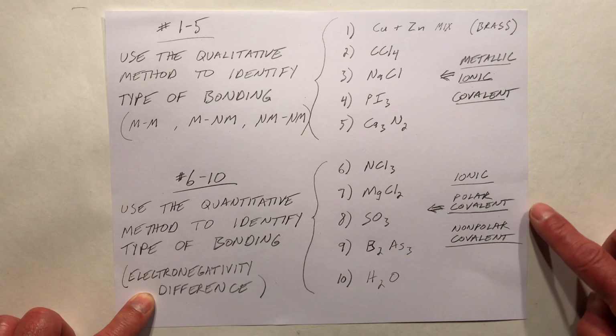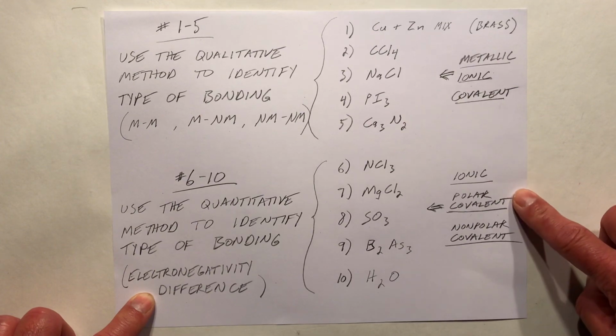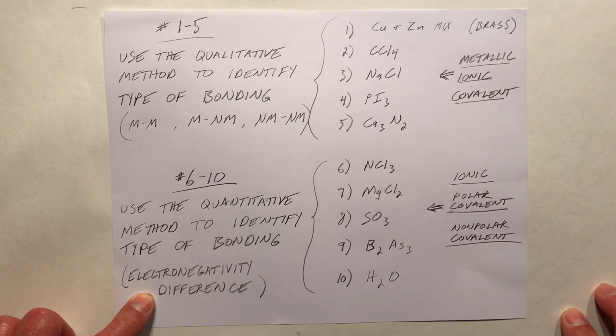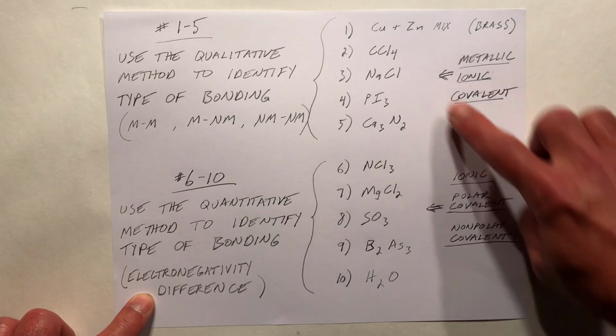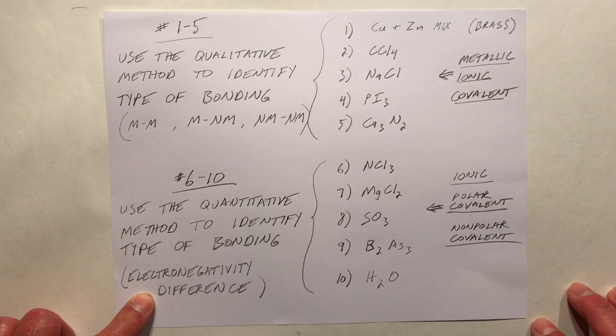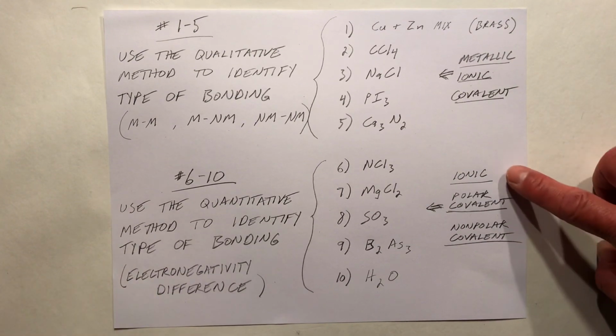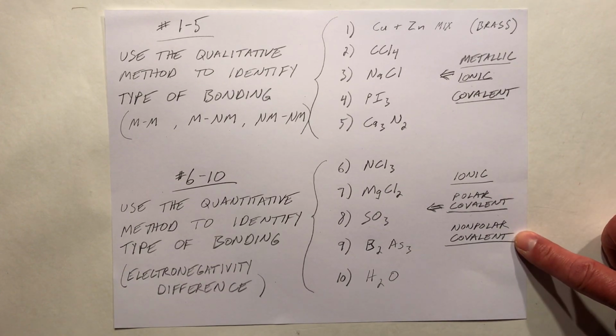If the difference of electronegativity is greater than 0 but less than 1.67, we have a polar covalent bond. And if the difference of electronegativity is 0, then we have a nonpolar covalent bond. So for the first 5, identify whether we have metallic, ionic, or covalent. And for the second 5, identify whether we have ionic, or polar covalent, or nonpolar covalent.